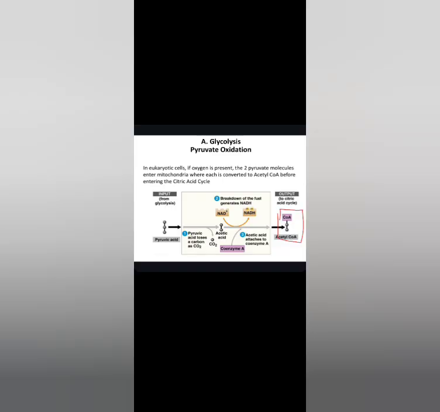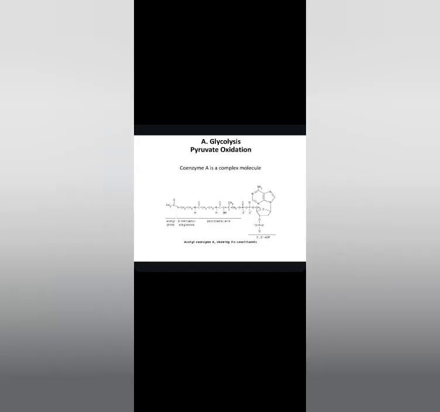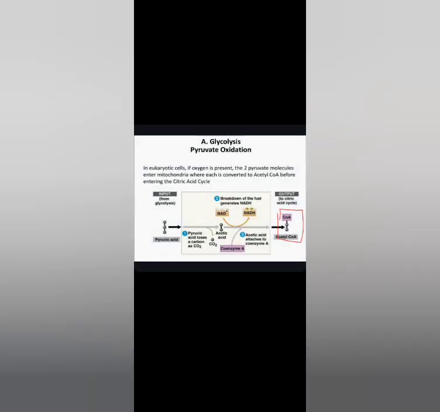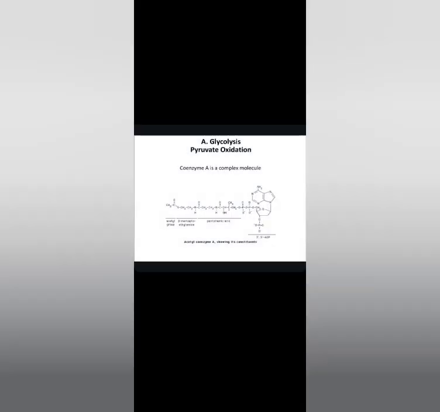And acetyl-CoA is the reactant of step 2 of cellular respiration. What exactly does this coenzyme A look like? You don't need to know this. This is to show you how complex this whole process is. These 2 carbons here are the acetyl group of acetyl-CoA, and all of the rest here is the coenzyme A group.